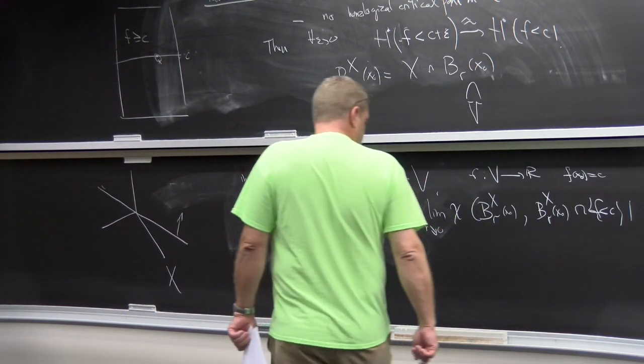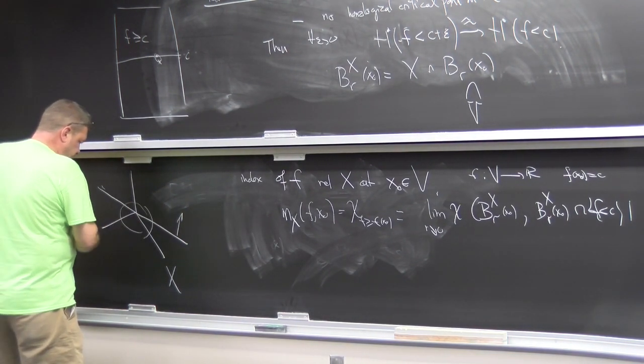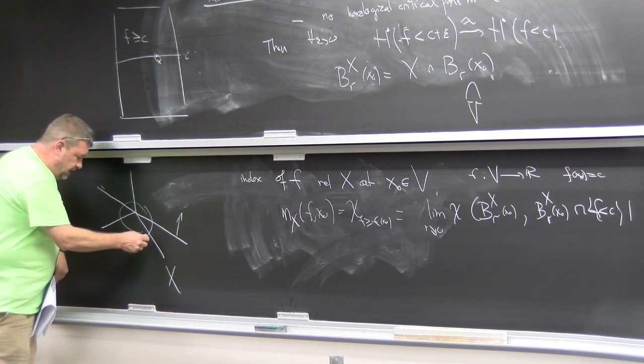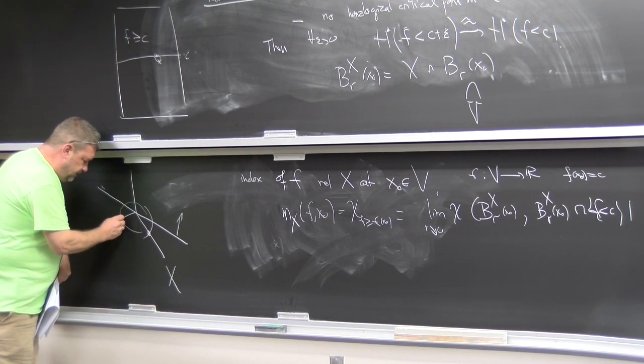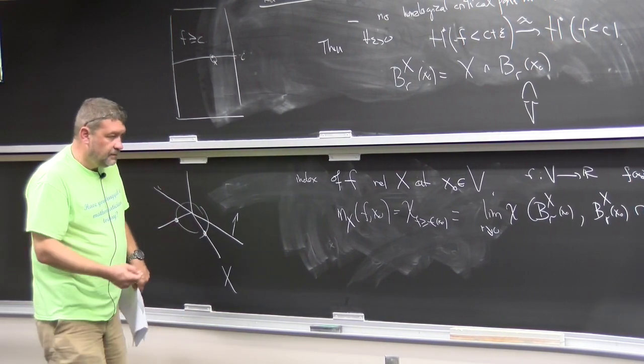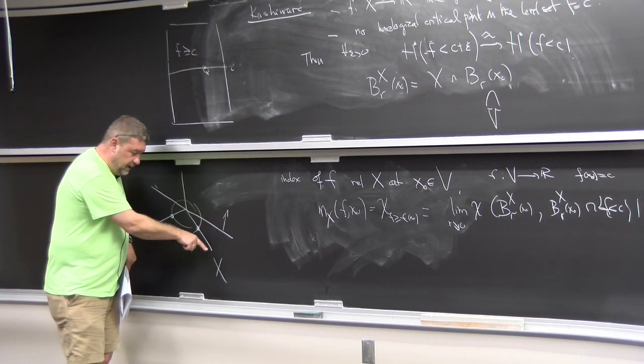What is this pair? It's the ball modulo the intersection of the ball with the level of energy below c.